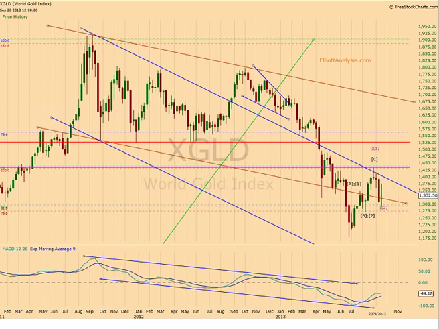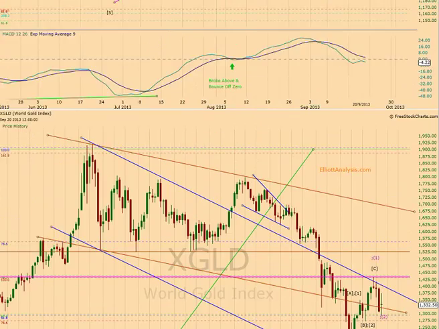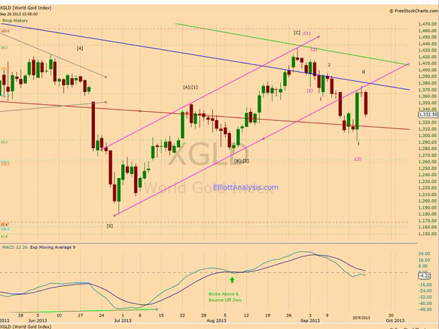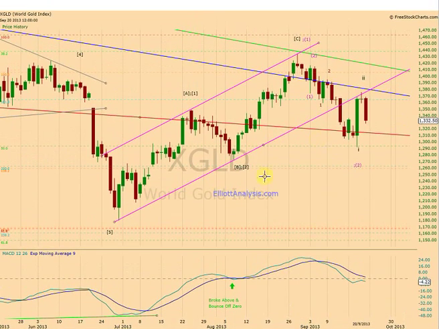Now we must be prepared for the alternate count in case the price turns up instead. The alternate count calls for a 1-2-1-2 setup to the upside. In order for this to be promoted as a primary count, we need to see a strong move, a follow-up of strong move from what we've seen here.